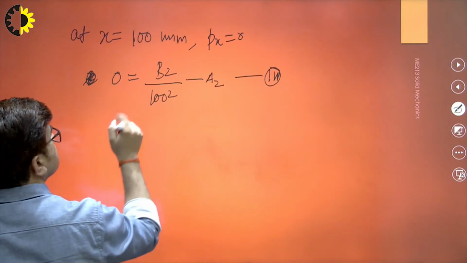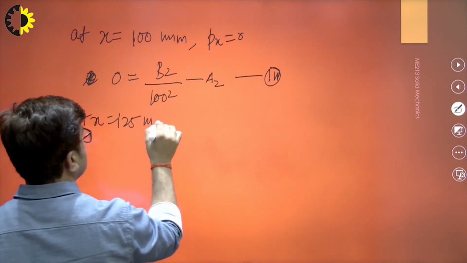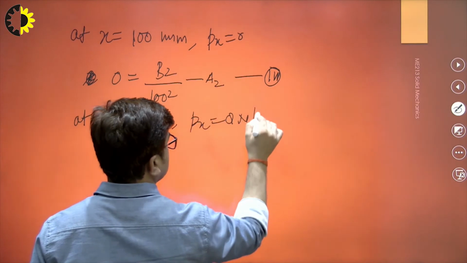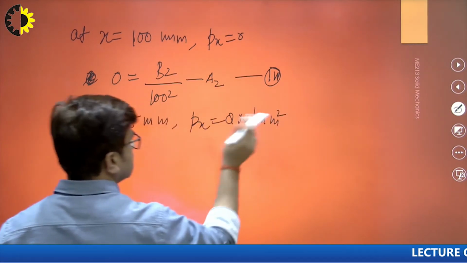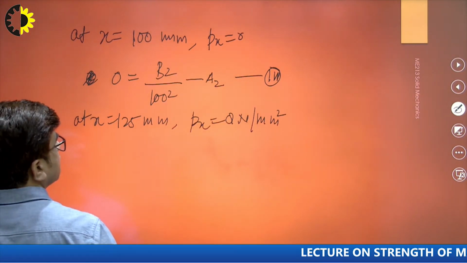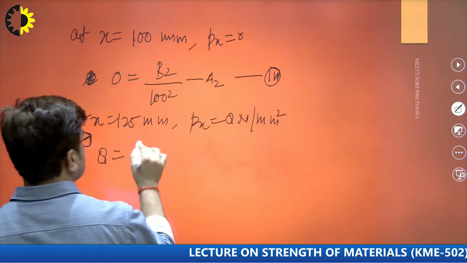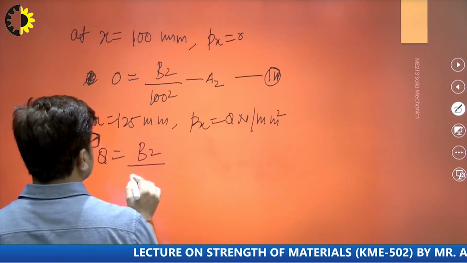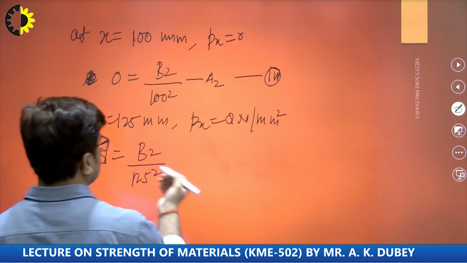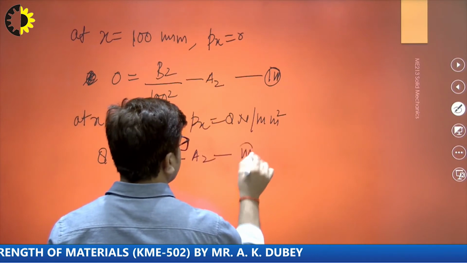and at x equal to 125 mm, Px is 8 Newton per mm square, which is the junction pressure, and this is 8 equal to B2 by 125 square minus A2, and this is equation 4th.